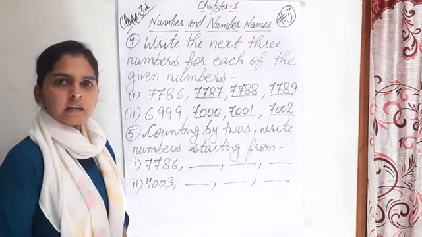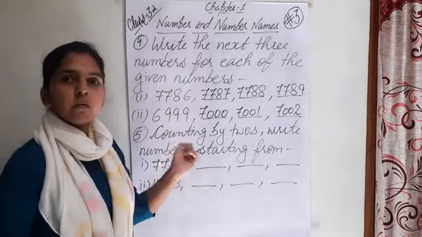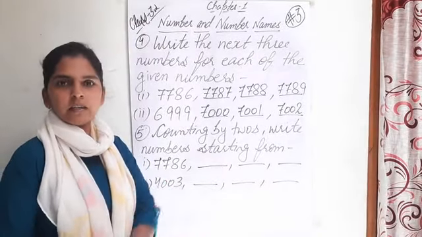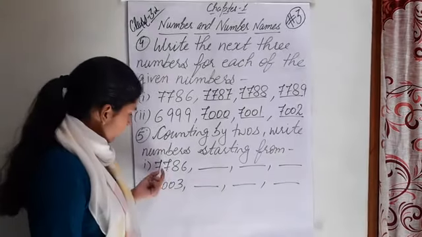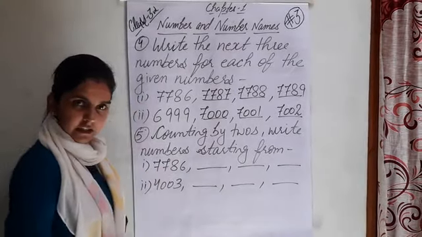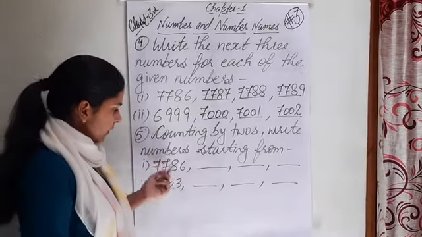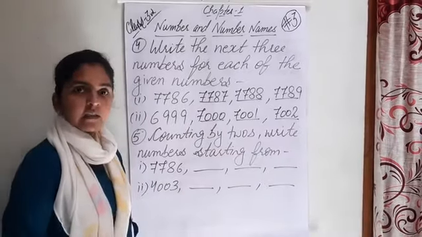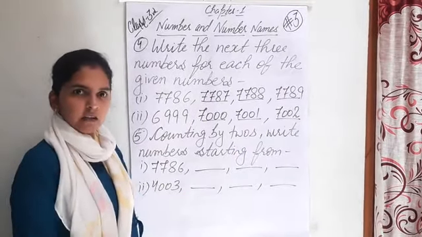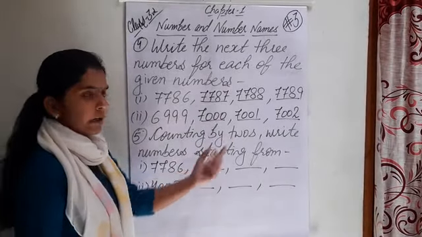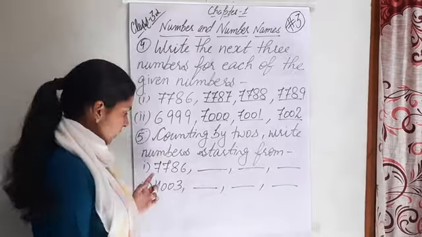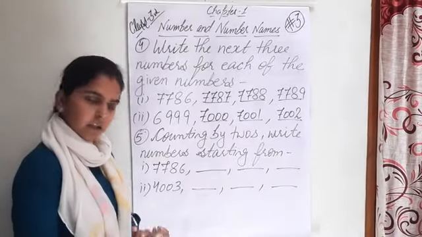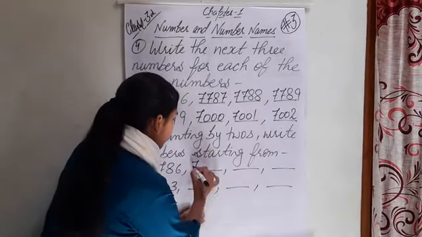Or we can say that we have to leave the next number and then write the next one after that. How? See, this number is 7786. Next number will be 7787. We will not write that because we need to count by twos now. So after 87, the number will be 7788. You write that number.